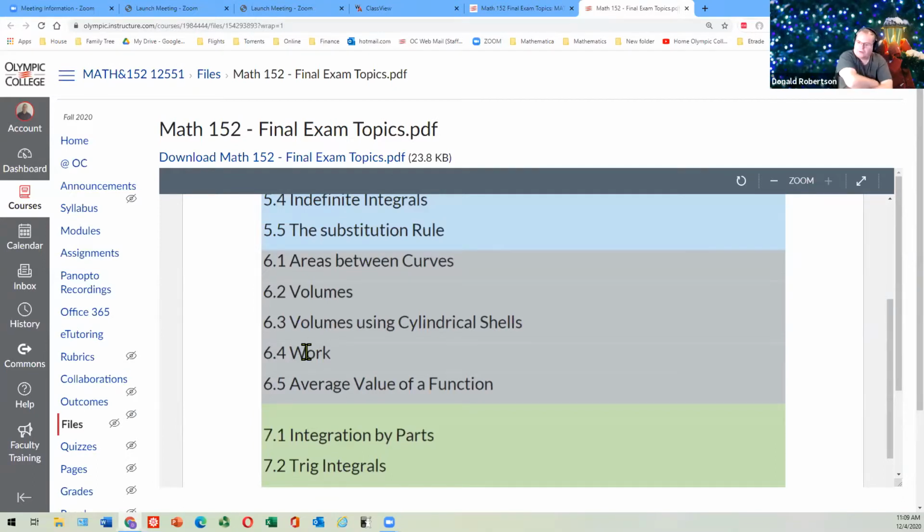What does work involve? What was the section 6.4 work about? Pulling things up buildings. That's it. For no particular reason, pulling buckets with holes in them and water going up buildings. There was another subgroup, a different group of questions inside work.